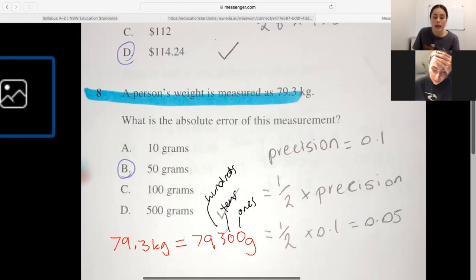And so where the 3 is sitting is in the hundreds position, and absolute error is half the smallest unit of measurement. So the smallest unit of measurement in this question is where the 3 is, and 3 is in the hundreds place. So the smallest unit of measurement is 100 grams, and so half of 100 grams is 50 grams.